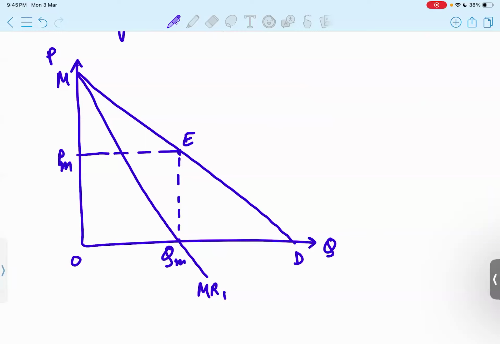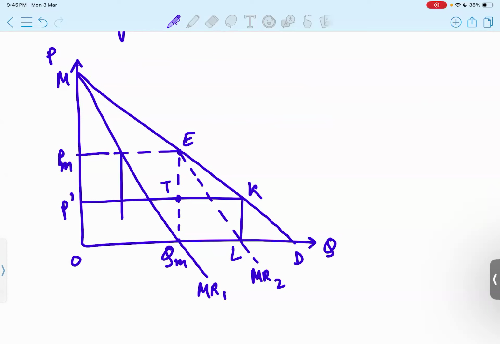This is the monopoly output. Now, ED is the demand curve for the second firm, and correspondingly its marginal revenue curve. This, let's say, is L. This would be another case of production. This is, suppose, price P dash. This can be labeled as T, and one more point we can draw is this. So we understand how it works.